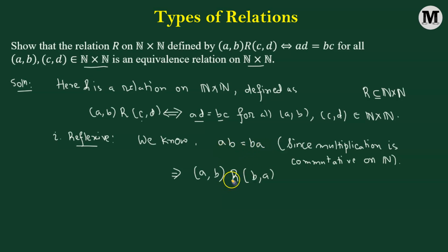So what does it mean? This means that (A, B) is related to (B, A) for all (A, B) belonging to the Cartesian product of the set of natural numbers with itself. So we can say that the relation R is reflexive. Now we have shown that our given relation R is reflexive.